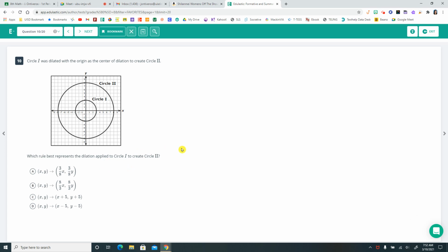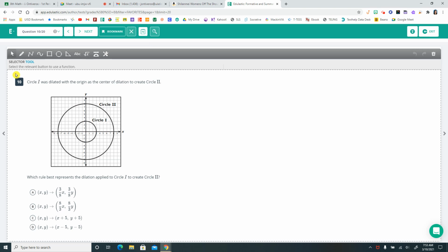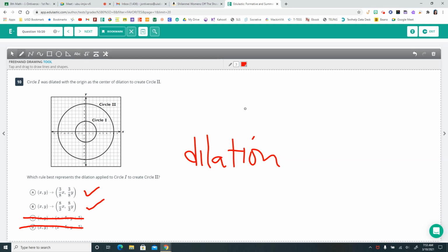And this one, dilation, don't forget that dilation means to multiply. So you actually need to cross out these two. So it's between the A and the B. You just need to find out if there was an enlargement or reduction.